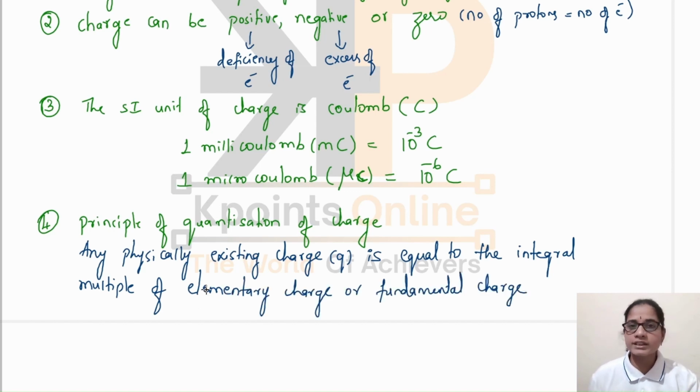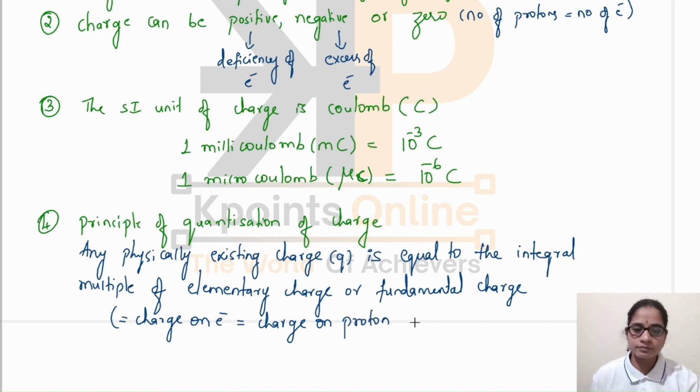And this elementary charge or fundamental charge is equal to the charge on electron, which is equal to the charge on proton, equal to plus or minus e. The charge on electron and charge on proton are the same in magnitude. Only the difference is they have opposite charges.